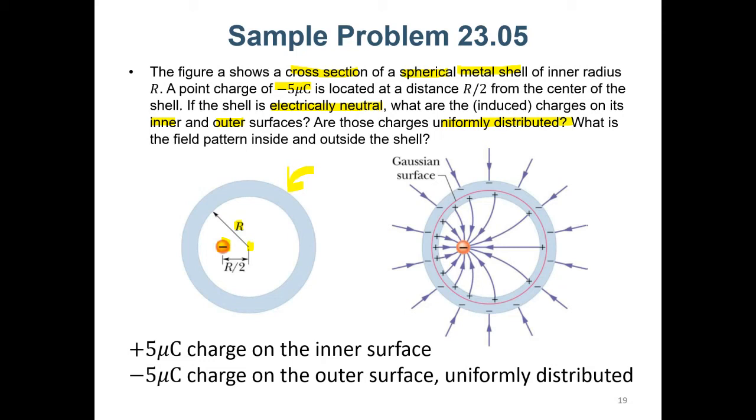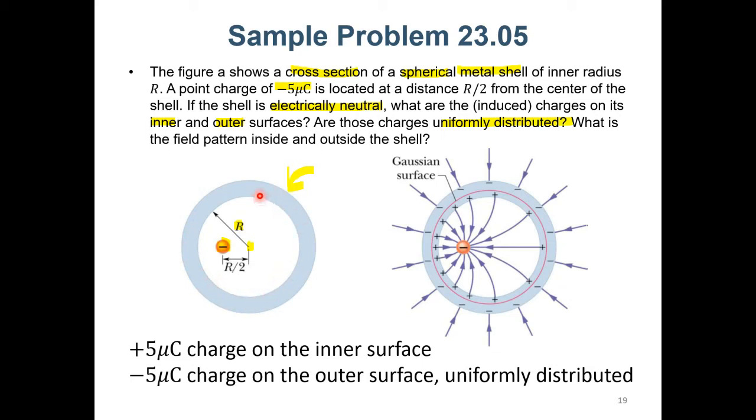So actually, the point here is that this is a conductor. If we define a Gaussian surface inside this shell, there should be no E field in this shell.